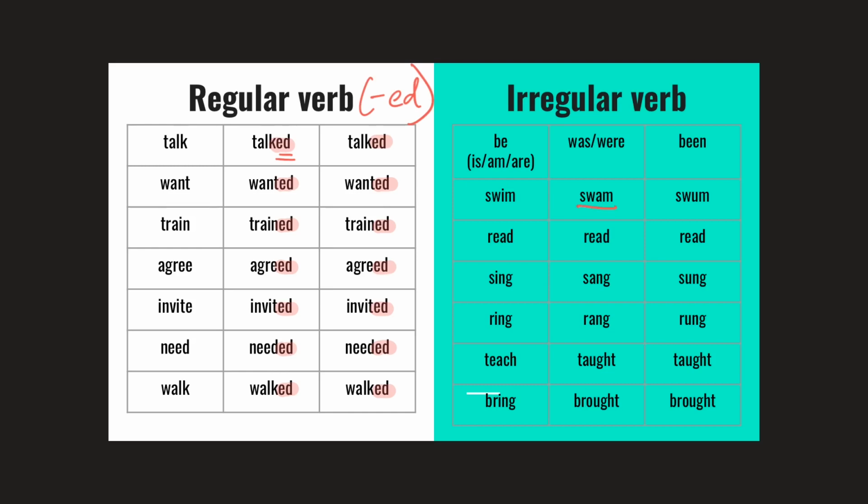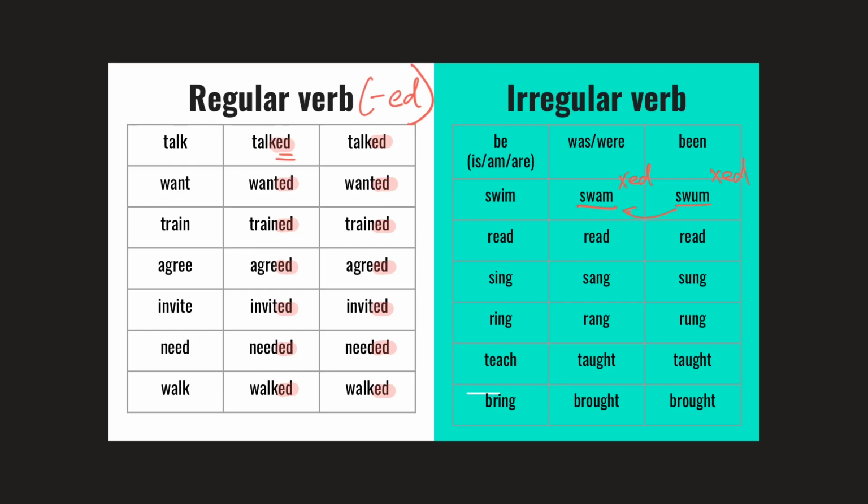So in the spelling, we do not see any ed here, right? So we call this an irregular verb. And then in its past participle form, swum is another different spelling from its past tense form. It also doesn't end in ed. So we cannot predict the spelling of the irregular verb. That is why we call them irregular verbs.